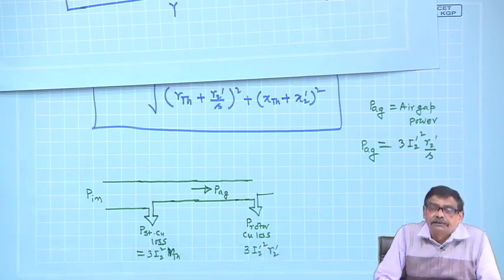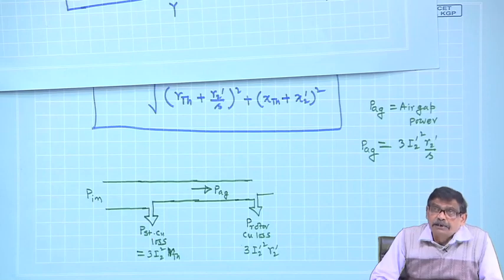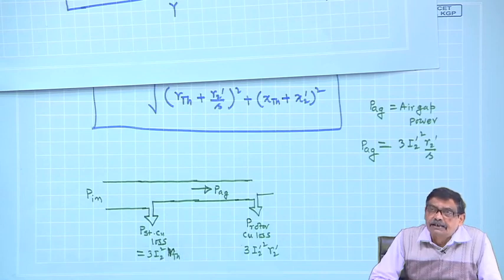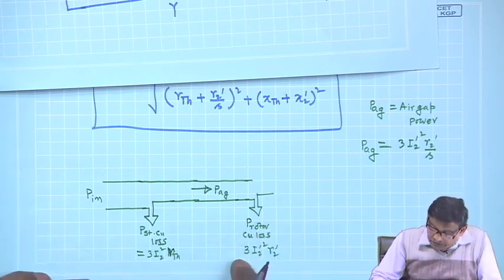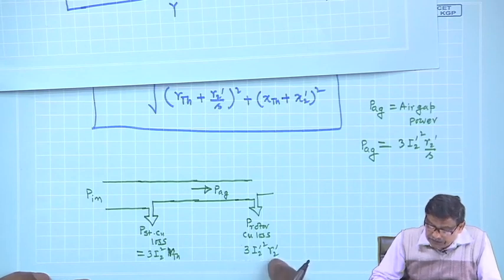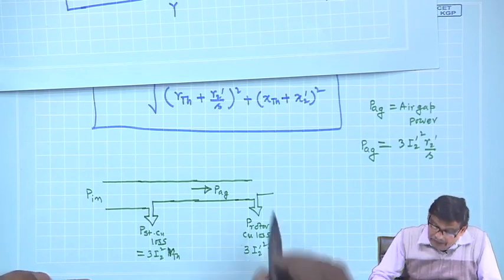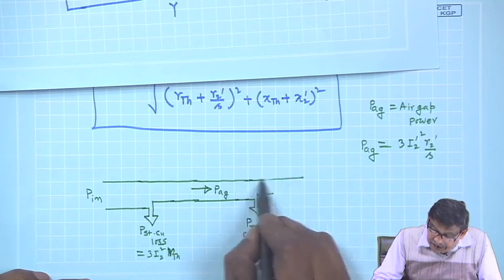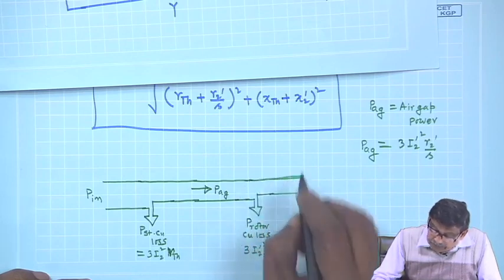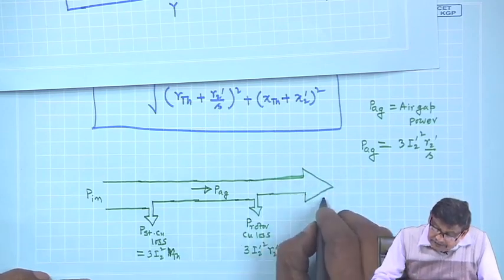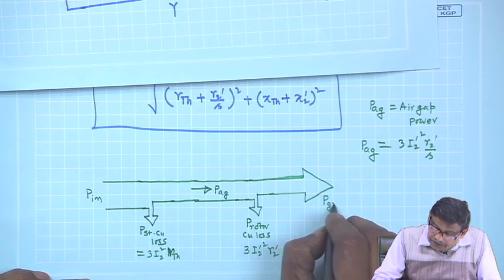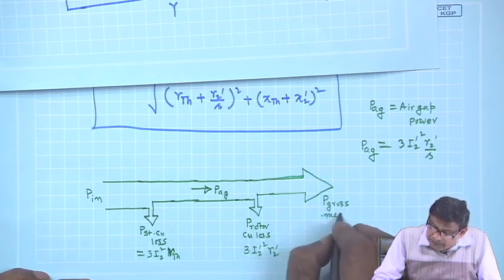This you must understand. It is not R 2 dash by S, because your actual machine has a resistance of R 2 dash and it is carrying a current of I 2 dash. So, rotor copper loss has to be 3 I 2 dash squared R 2 dash, that is all. And then the remaining power is the gross mechanical power developed.